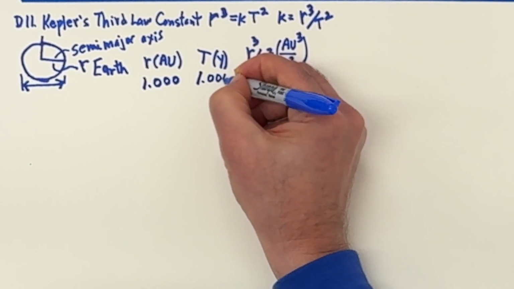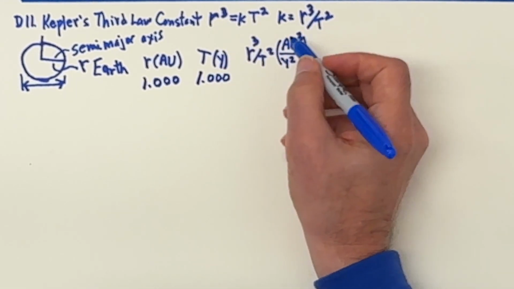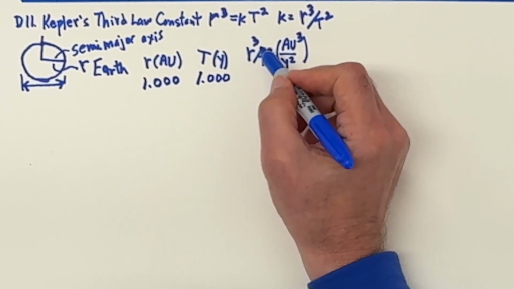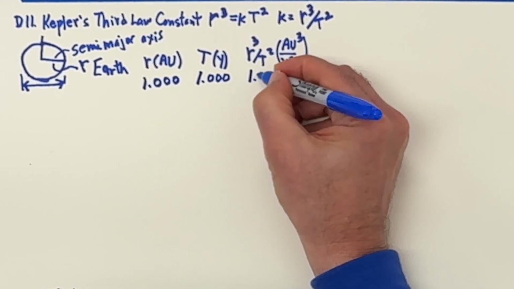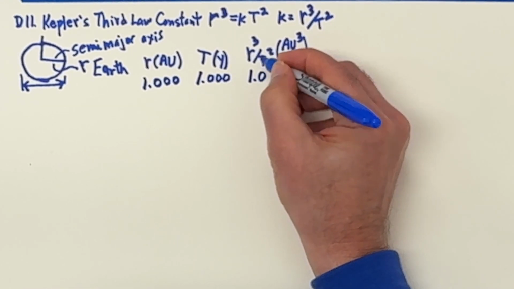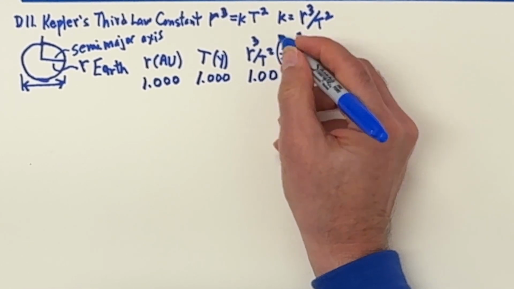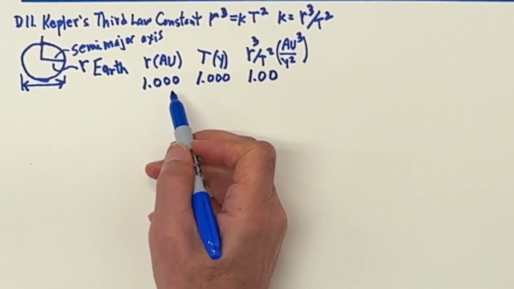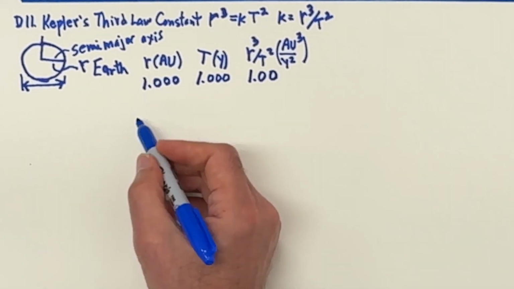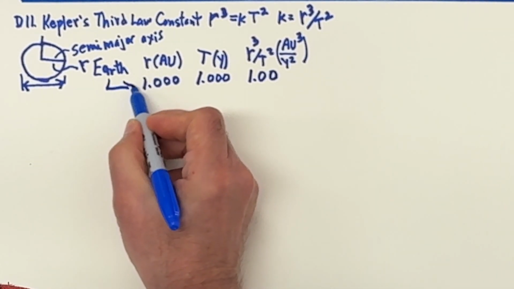So this is 1.000. And if you cube the 1 and square the 1, you get 1 over 1. So this is going to be 1.0. I'm going to use 3 significant figures for this because I'm going to be looking up data for some other planets. And that's going to be Earth.